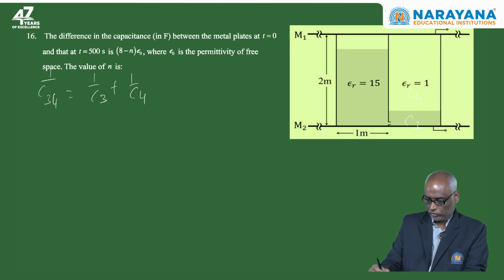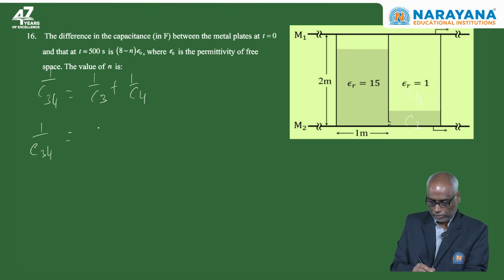This is C3, this is C4. 1 by C34 equals 0.75 divided by 15 epsilon naught, with area 1 and distance 0.75, plus 1.25 divided by epsilon naught.